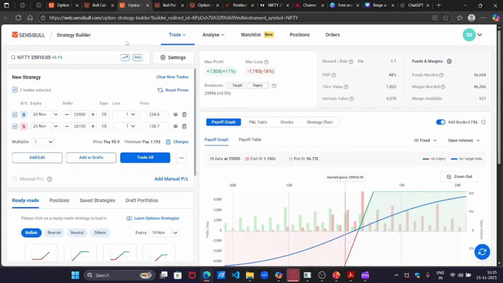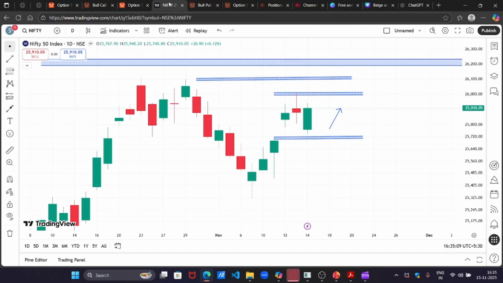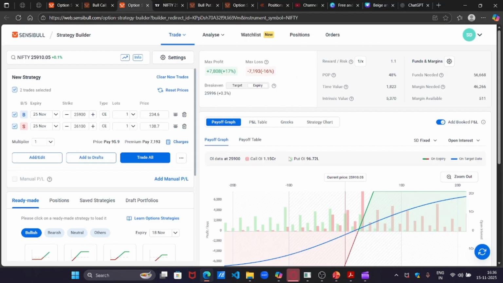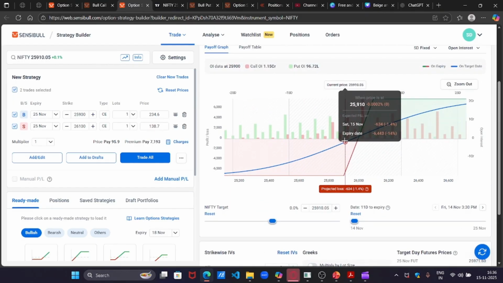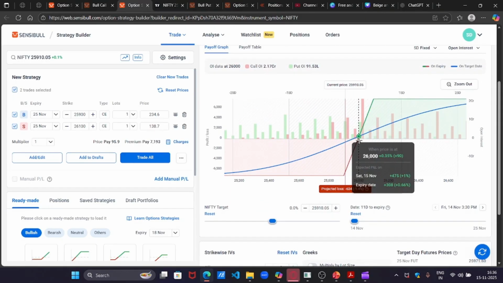Now suppose, as I said, seeing the chart here, the market would go above 26,000, and I'm sure about it that in 10 days it will be above this. In that case, I'll create a bull call spread. I'm saying the market will go to 26,000. So if you see, at 26,000, I'll be making a profit of 308 rupees.